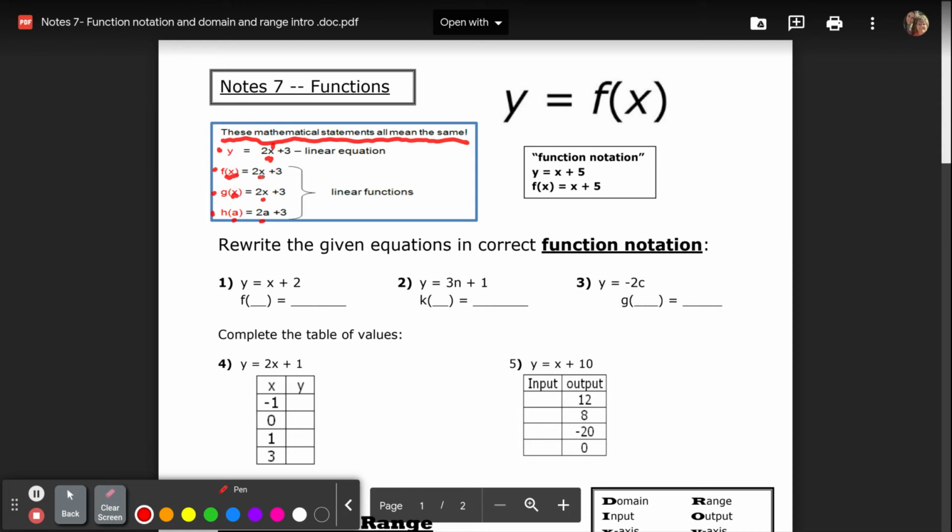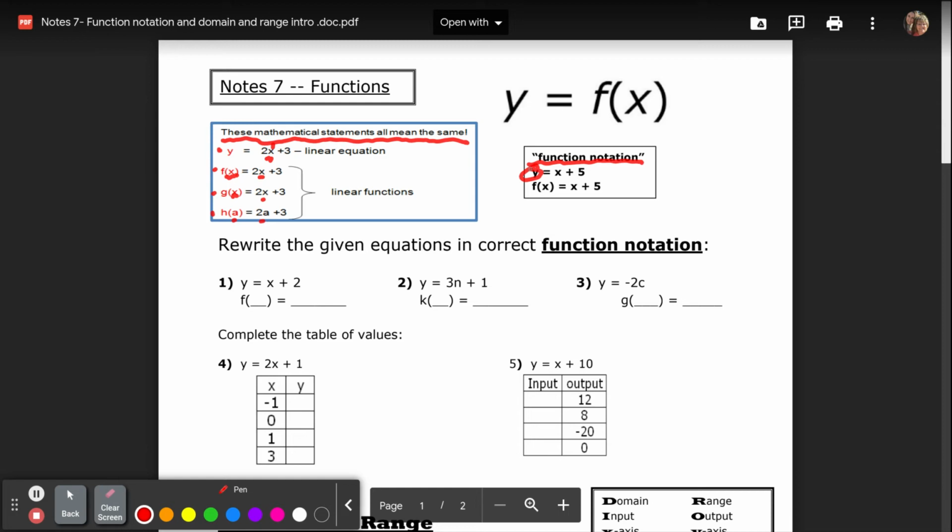So, function notation. Function notation is basically when you transform the variable y to begin the equation and use any function. So f of x, g of x, h of a, that's called function notation.